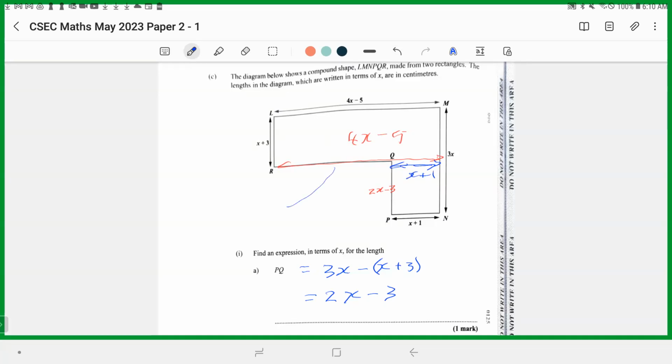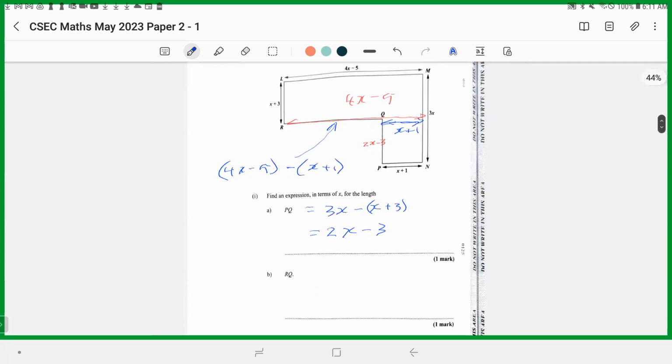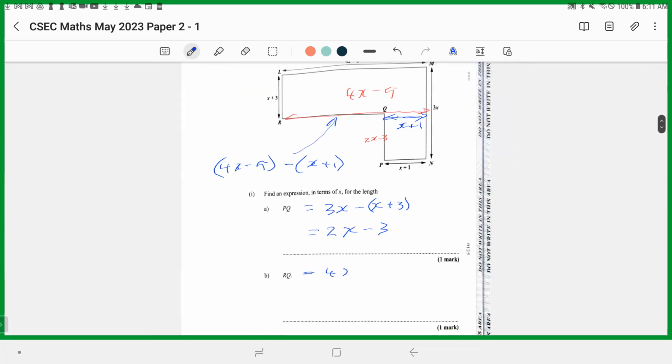So to get here, the RQ is going to be 4x minus 5 minus the x plus 1. All right, so let's write it out here. This becomes 4x minus 5, which is a whole length, minus (x plus 1).